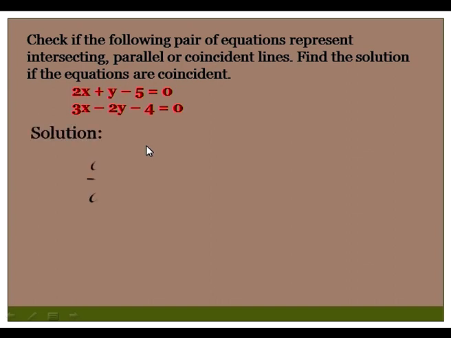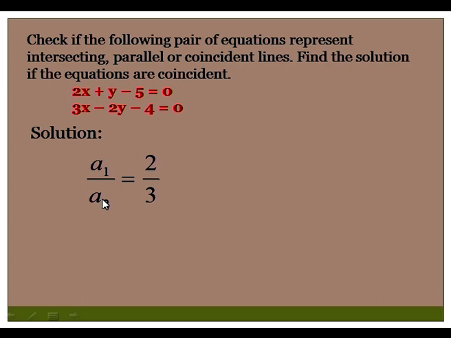So, let us first compare the ratios. In the equation 2x plus y minus 5 is equal to 0, a1 is 2, b1 is 1 and c1 is minus 5. And in equation 2, a2 is 3, b2 is minus 2 and c2 is minus 4.